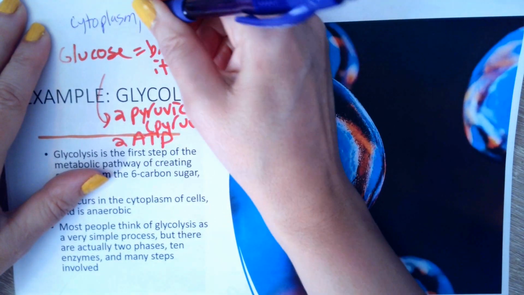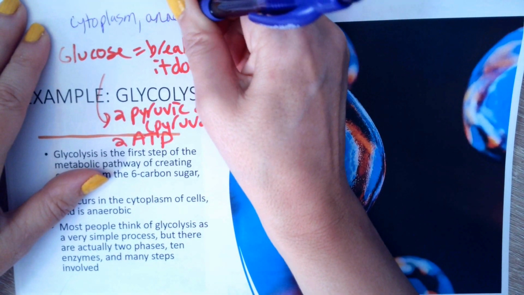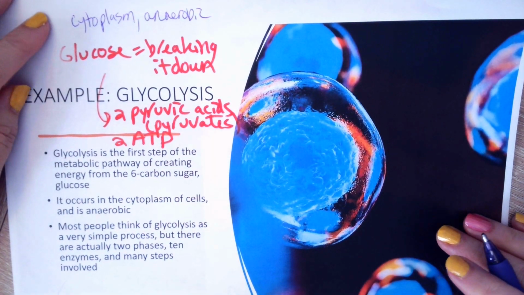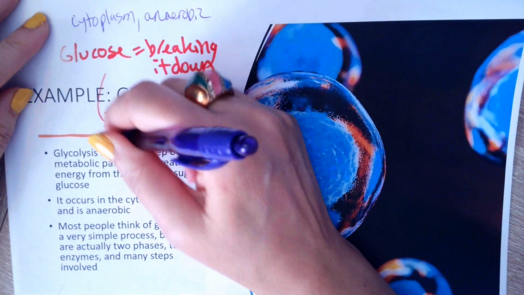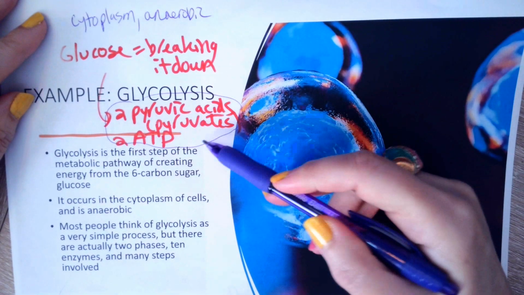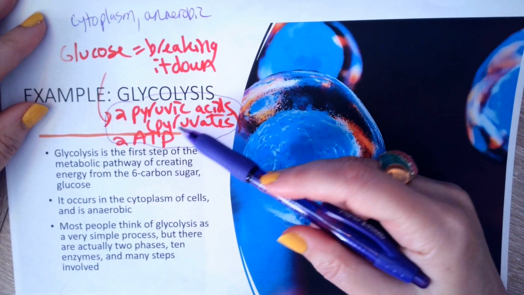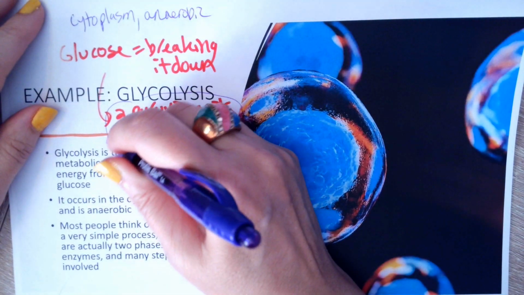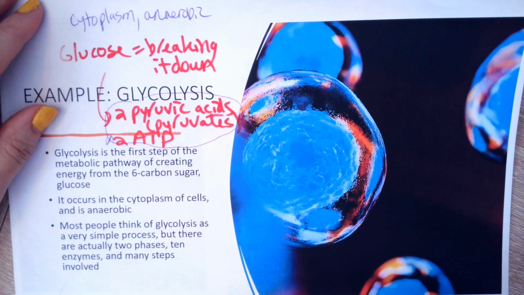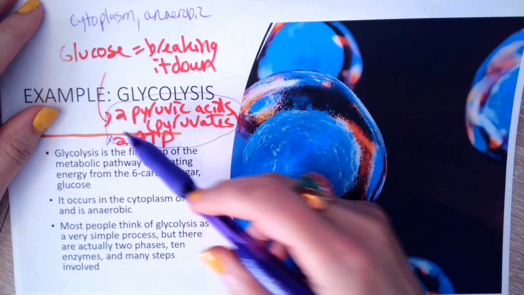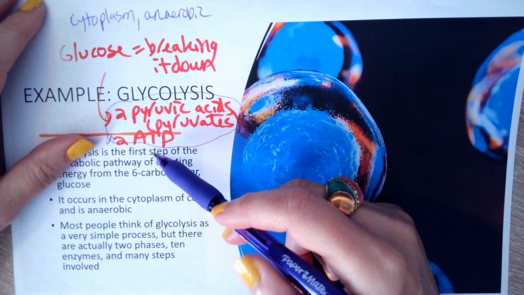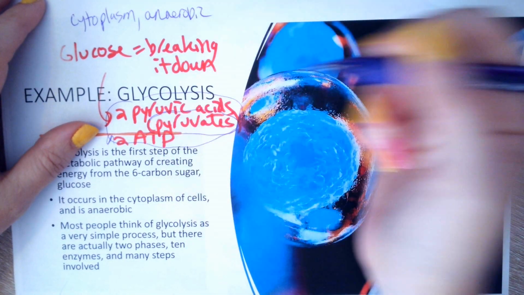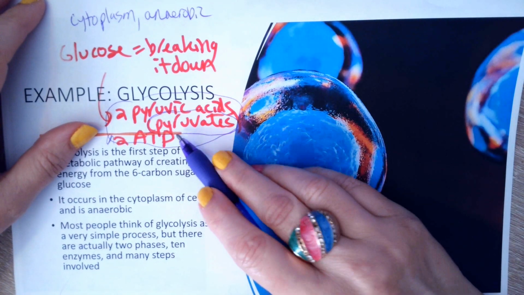It's anaerobic, so it doesn't use oxygen, and it gives you 2 pyruvic acids, or pyruvate we would call it, so 2 pyruvates, and 2 ATP. So we get a little bit of energy out of glycolysis, but we're really not getting a lot of energy out of that.